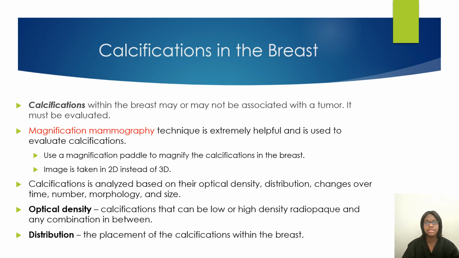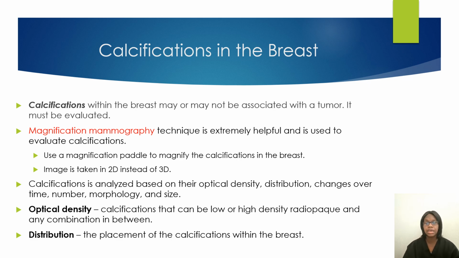With calcifications in the breast, the patient will have to come back. This will be a diagnostic mammogram. Nine times out of ten, the calcifications were seen on their screening mammogram. When the patient comes in, depending on what your radiologist prefers, you would do a full true lateral picture, and then you would do your spot compressions with the magnification stand.